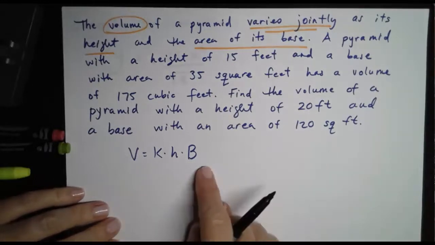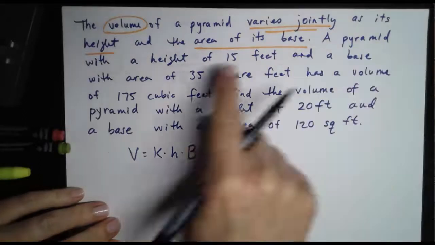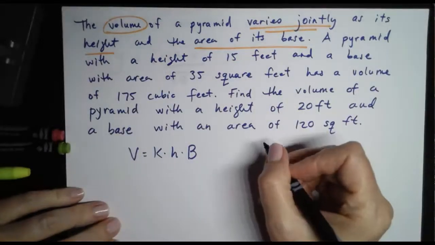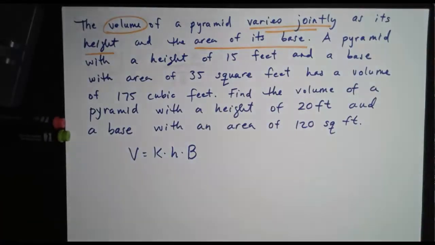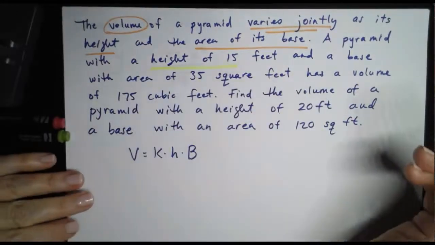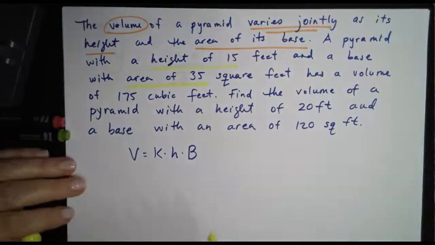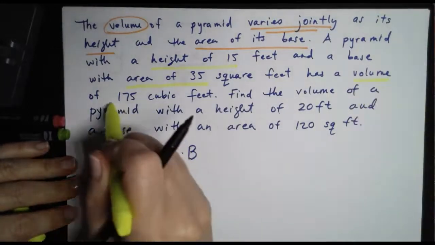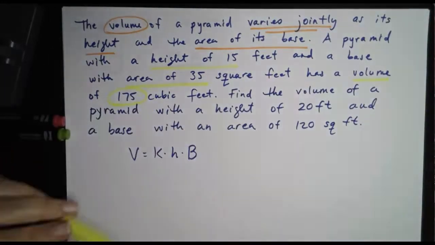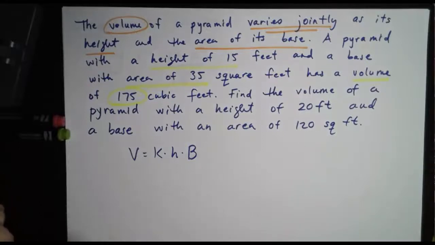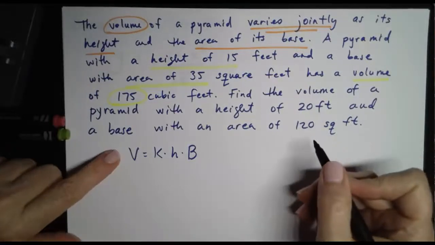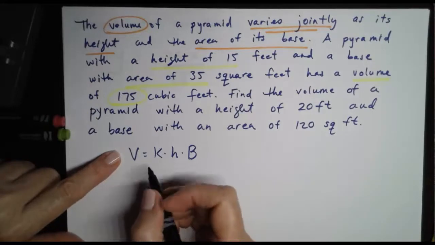So this is your joint variation. A pyramid with a height, okay, so now we're getting more information, so let's highlight that. We've got a height of 15 feet and an area of the base of 35 square feet is yielding a volume of 175 feet. So let's take those givens and let's plug them in to our variation statement.